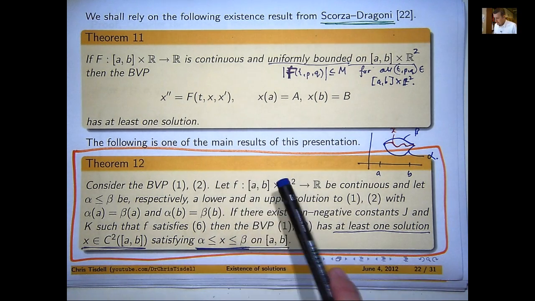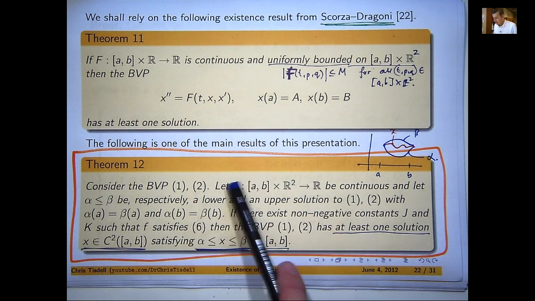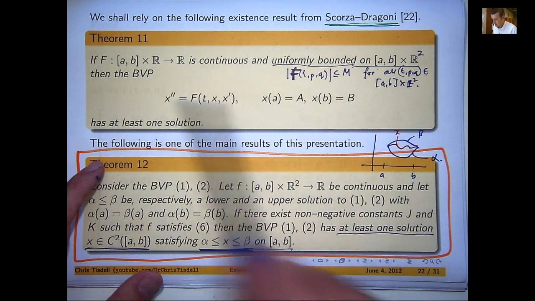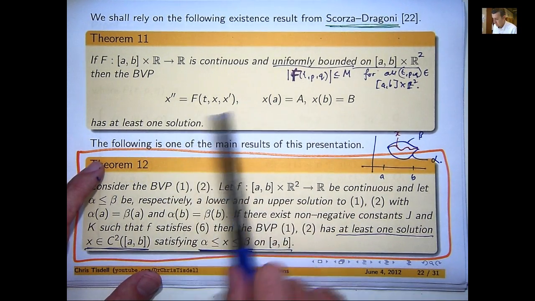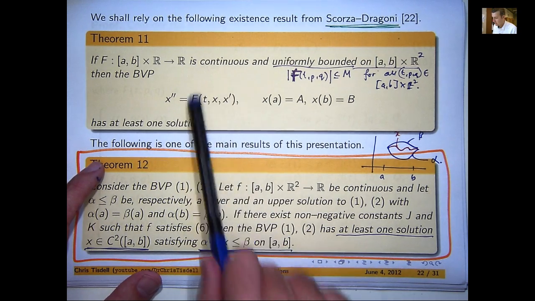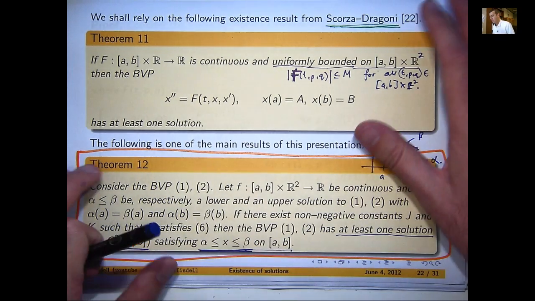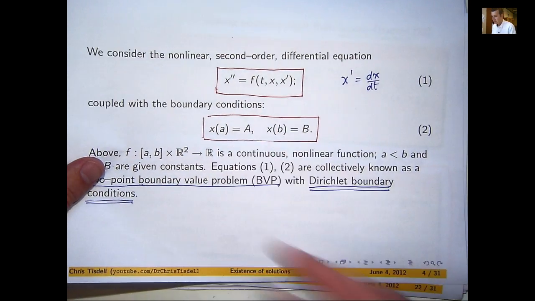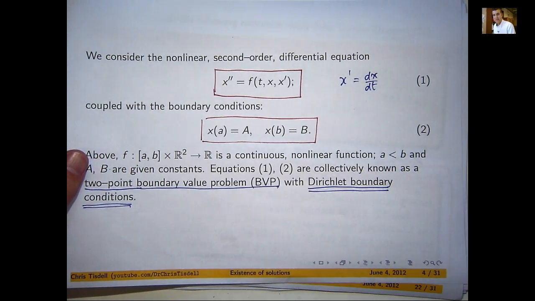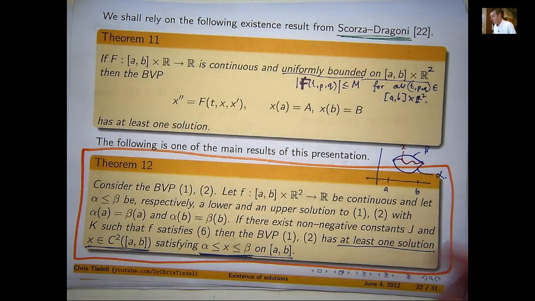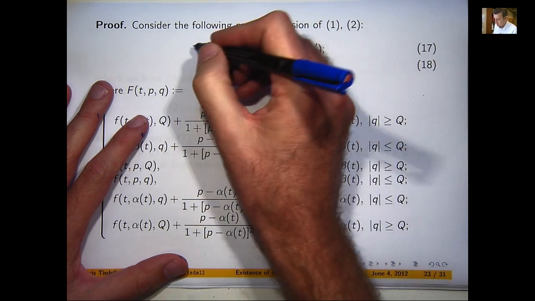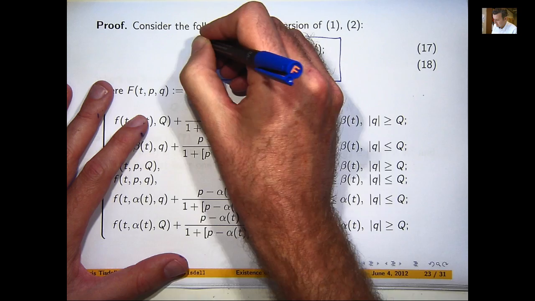Notice that we haven't assumed that our little f is bounded, but we do have a result for a boundary value problem where the right-hand side of the differential equation is uniformly bounded. So what we're going to do is take this right-hand side and modify it so we form a continuous and uniformly bounded function. Now this is done in the following way, and it looks a bit strange at first glance, so let's discuss it.